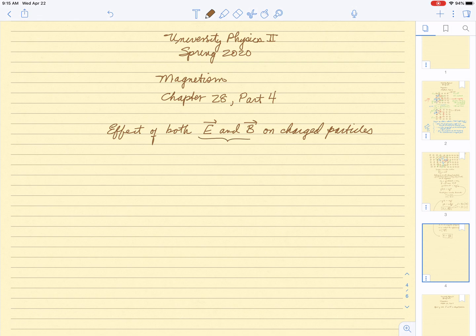And the electric and magnetic fields are actually turned on simultaneously, right? So this is going to be a simultaneous application.